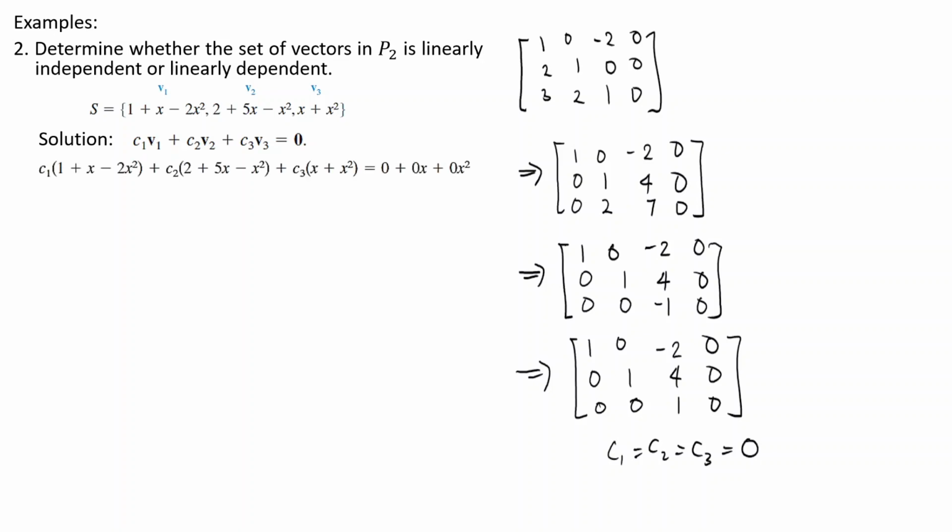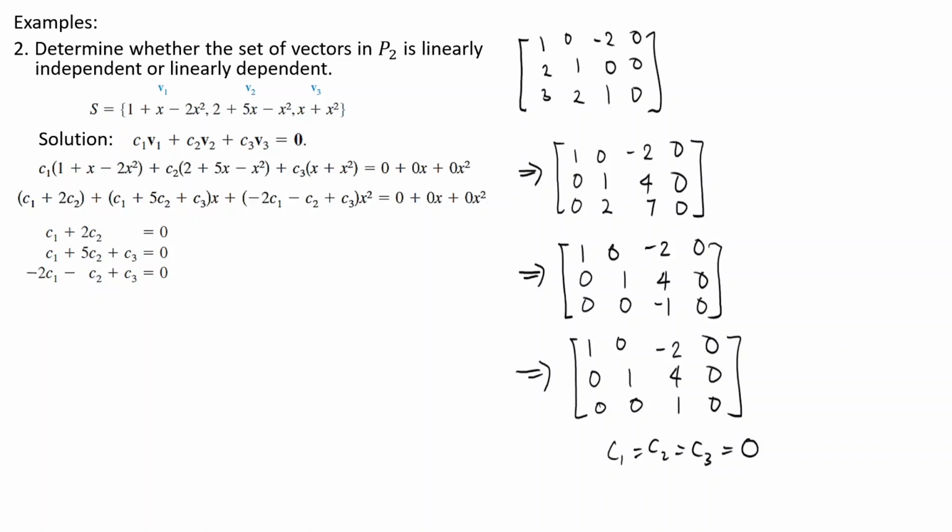So substitute the given vectors v sub 1, v sub 2, v sub 3, then equate to 0 plus 0x plus 0x squared. Just add the corresponding components, so we get the linear system. We have this one.